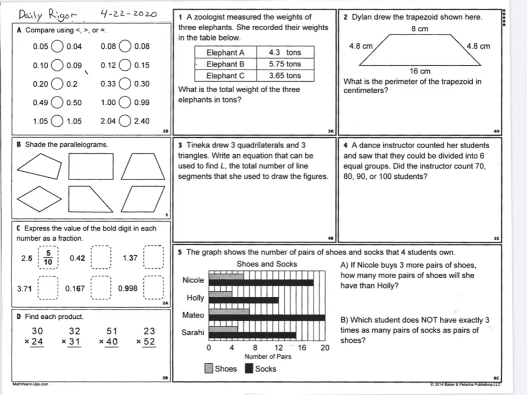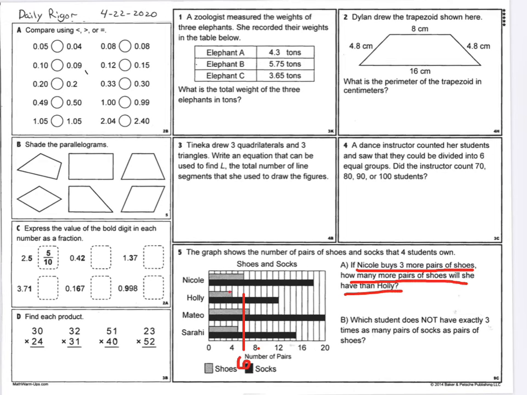And number 5. The graph shows the number of pairs of shoes and socks that 4 students own. If Nicole buys 3 more pairs of shoes, how many pairs of shoes will she have? How many more pairs of shoes will she have than Holly? Okay, so Nicole has the light colored shoes, so between 4 and 8 would be what? 6, right?